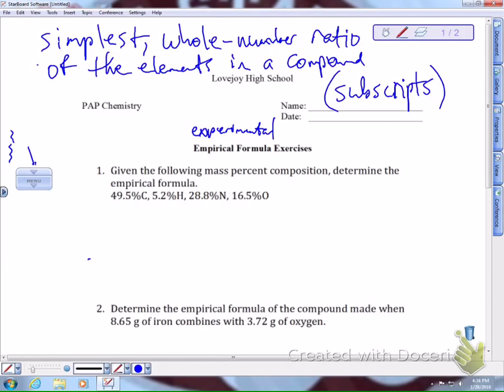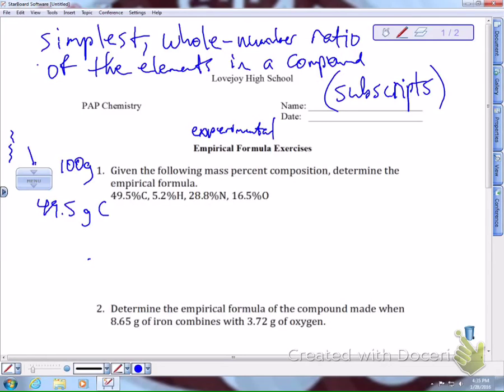So let's get started. In problem number 1 here, we are given some mass percent composition information, and the first thing that we want to do is assume 100 grams of this compound. And what that'll do is cancel out all the percents that you see. So then I'm left with 49.5 grams of carbon, because 49.5% of 100 is 49.5.